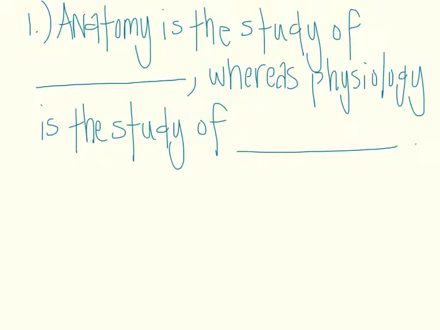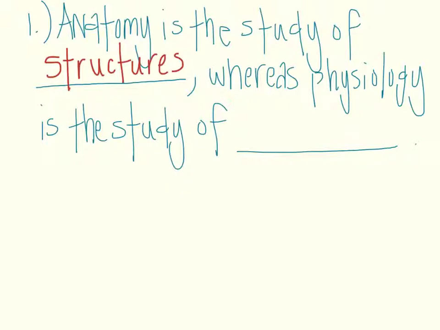Alrighty, the first question asks you to decide the difference between anatomy and physiology, since that is the name of the course. So remember that anatomy is the study of structures. So, when you learn the bone names, the parts of the brain, that kind of stuff, that is the anatomy.